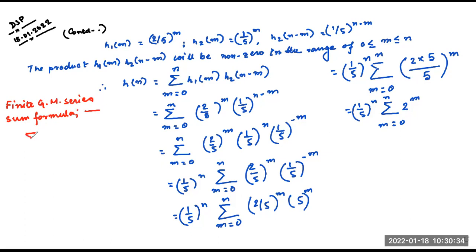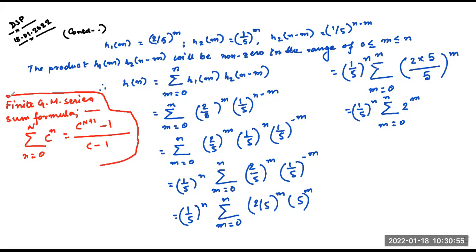It is summation of n equals 0 to capital N, c to the power n equals (c^(N plus 1) minus 1) by (c minus 1). So this is the formula. We must learn it by heart.